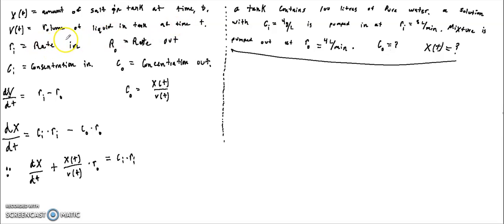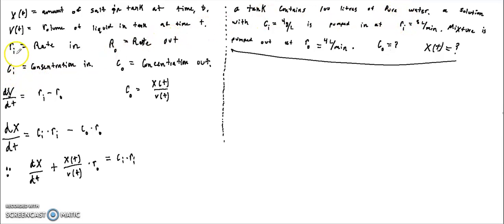V of t will be defined as the volume of the liquid in the tank at time t. So for example, we start with 100 liters of pure water, so at time t equals 0, V of t equals 100. And note that it says pure water, so its initial concentration would be 0.